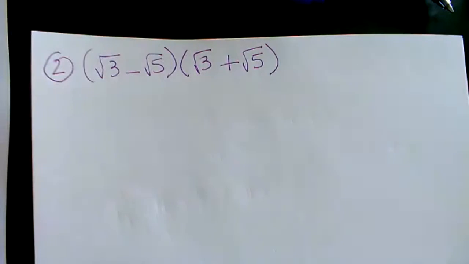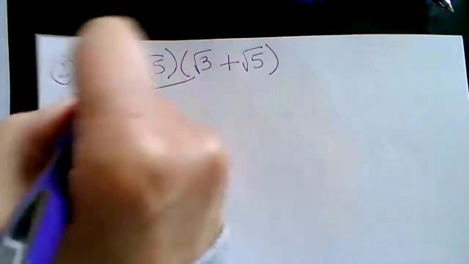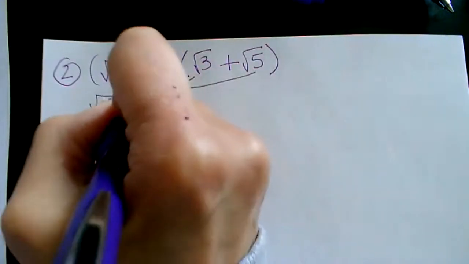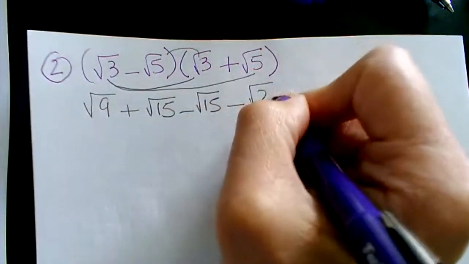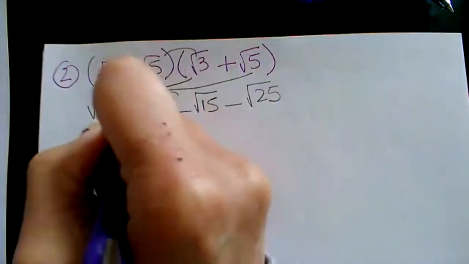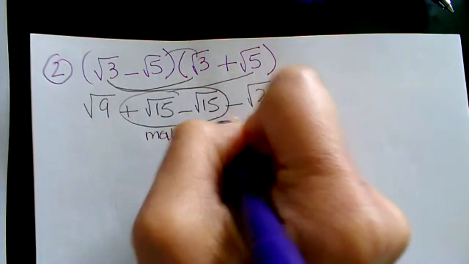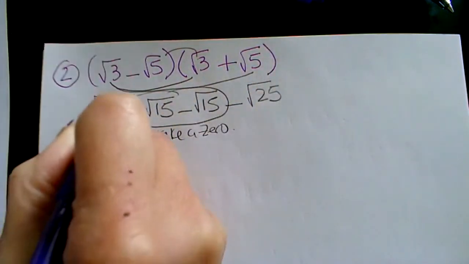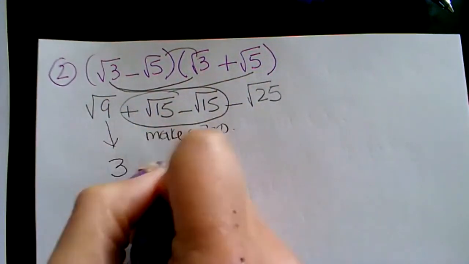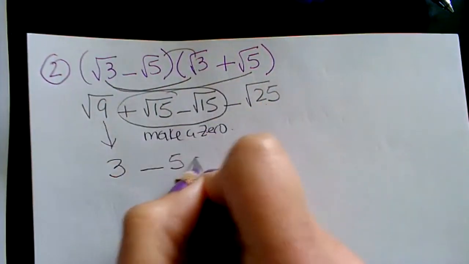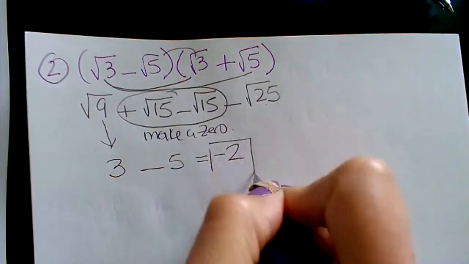Again, if we do it, 9, then this is going to be negative 15, and this is going to be negative 25. Right here, what do we say? Make a 0. Square root of 9 is what? 3. Square root of 25 is 5. So my answer is going to be negative 2.